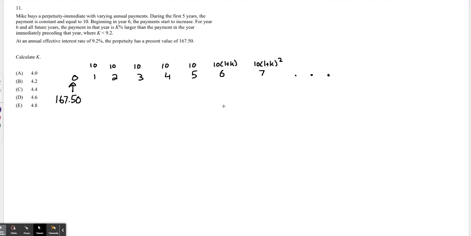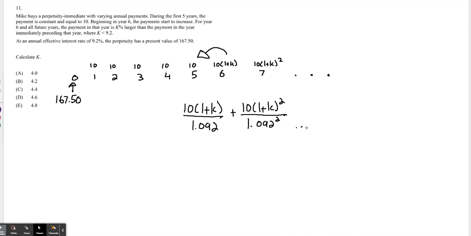Okay, great. So let's first take this geometric series and take it back to time 5. So we have 10(1 plus k). Now we got to discount that, so divide by 1.092 because the interest rate is 9.2%. And then we have plus 10(1 plus k) squared over 1.092 squared.